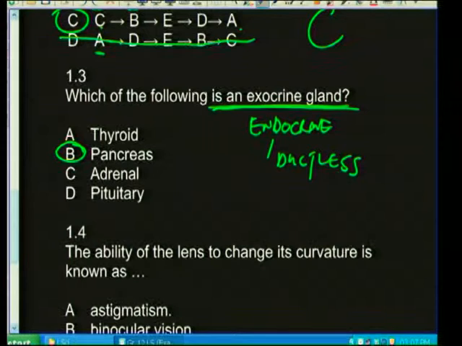But this one here, B, the pancreas, works as an endocrine and exocrine gland. It works as an endocrine gland when it secretes the hormones insulin and glucagon directly into the bloodstream. It's endocrine during that time. But at the same time, the pancreas is part of the digestive system.